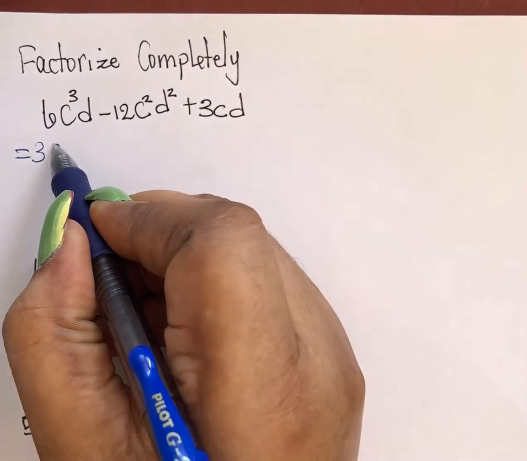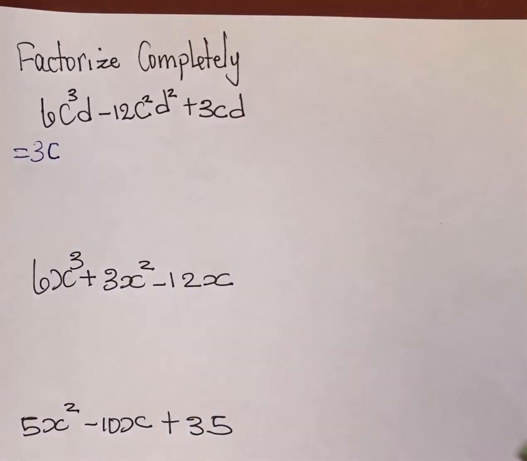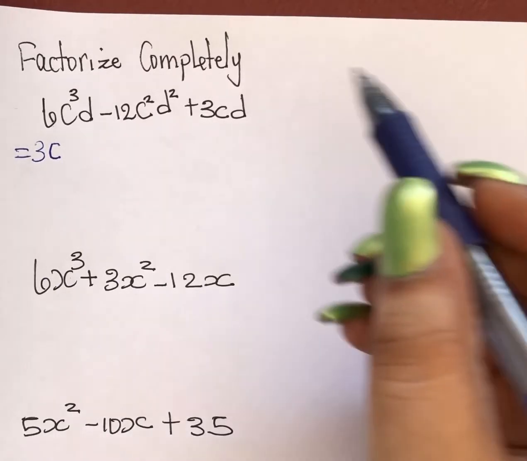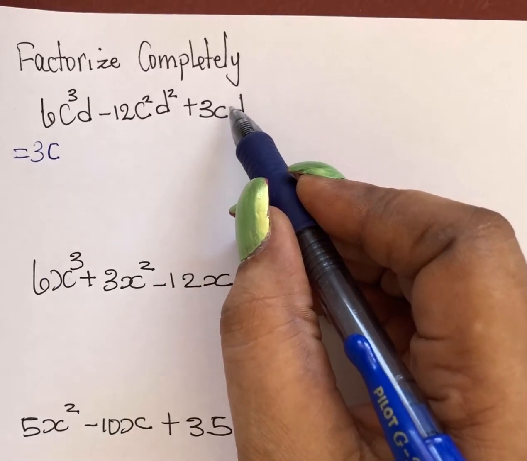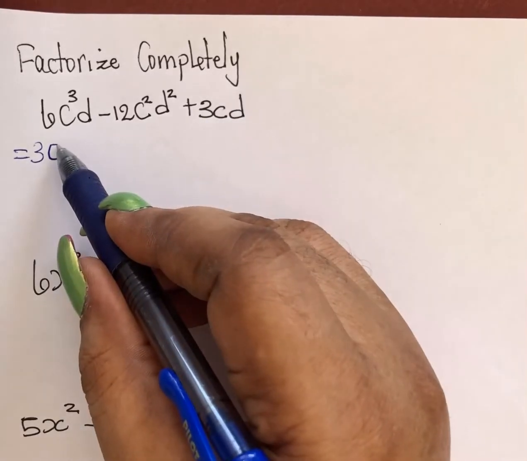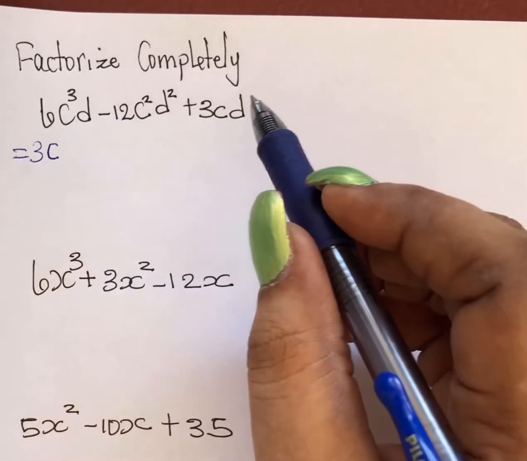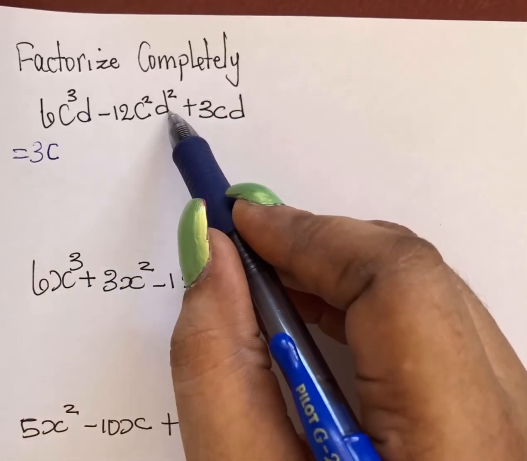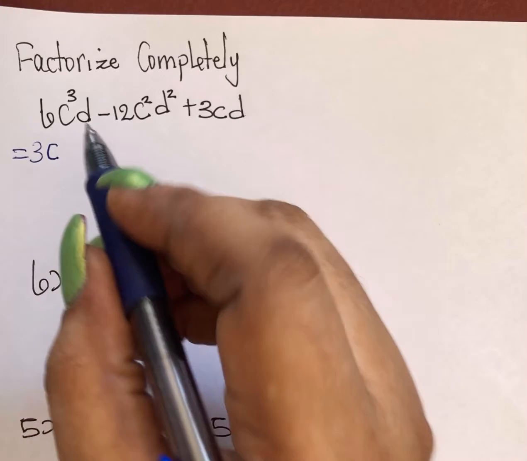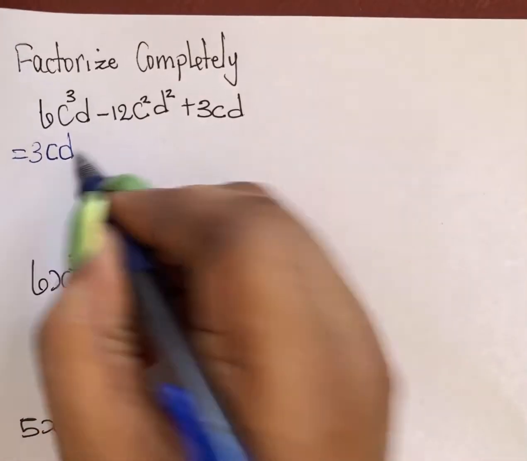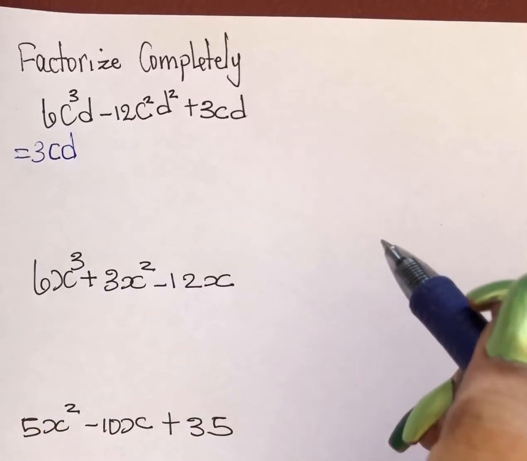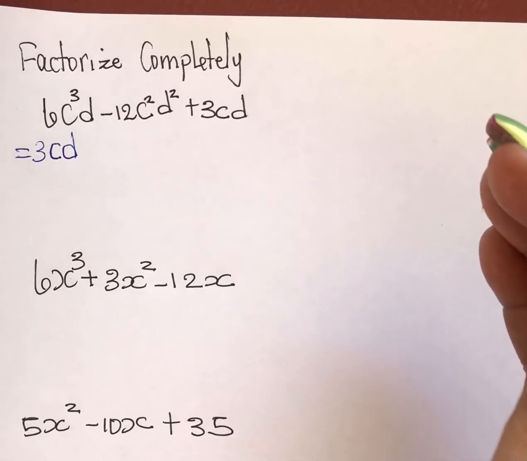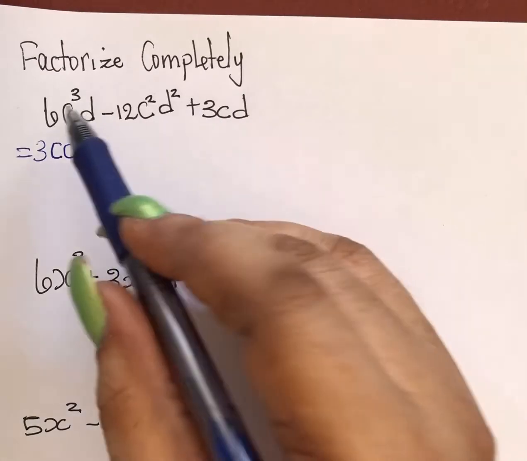When we identify the variable, we look for the one with the lowest power. The lowest power is the power of 1, so we will only write c. Then we move to the other one. We have d squared, d. The lowest power is 1, so we will write d. Now we have just found our greatest common factor among the 3.